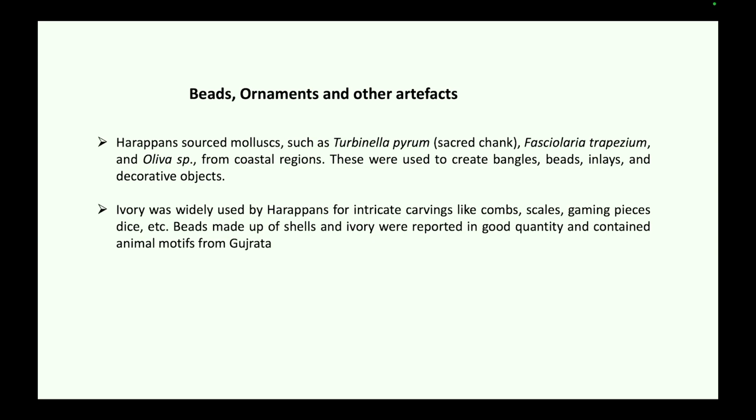They were used to create bangles, beads, inlay, and decorative objects. Ivory was widely used by Harappans for intricate carving like combs, scales, gaming pieces, discs, etc. Beads made of shell and ivory were reported in good quantity and contained animal motifs from Gujarat.